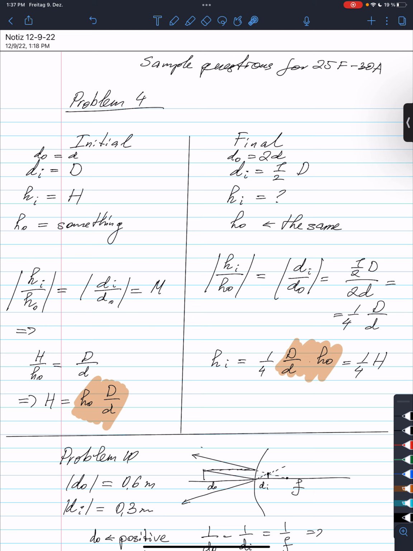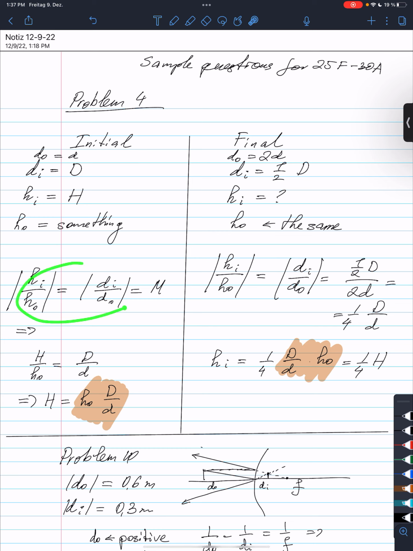So in the initial part, we know that magnification is given by the following equation. It is H image divided by H object equals, and I here use the absolute values for simplicity, so as not to deal with the signs, etc. So here it is d image divided by d0, the same as magnification.